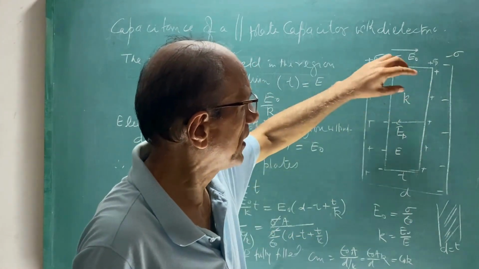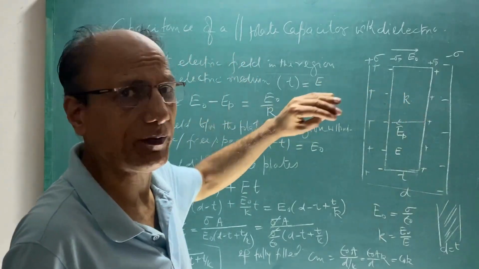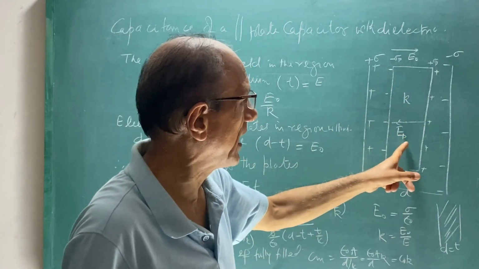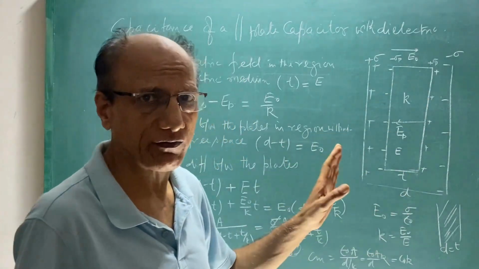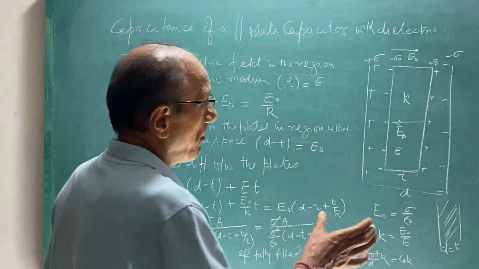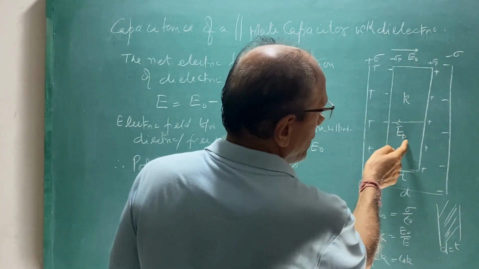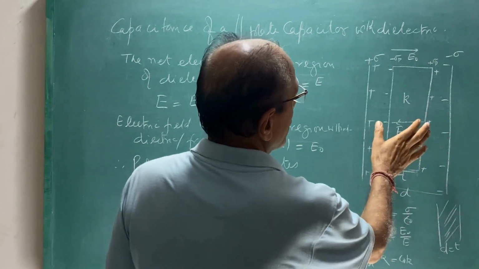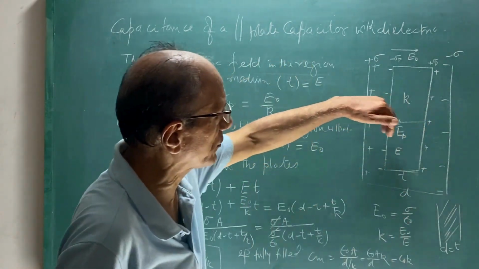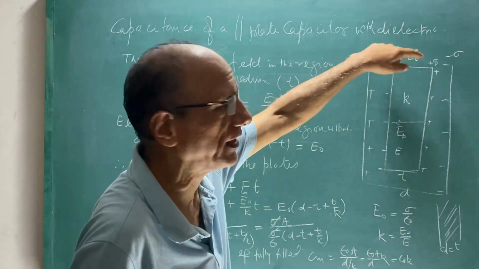So due to which some electric field will be induced, which is EP, and this EP is always equal to sigma P by epsilon naught, that we have already studied. But this electric field induced, if you call it EP or EI, whatever you call it, is always in the opposite direction to the applied field or the existing field E naught.